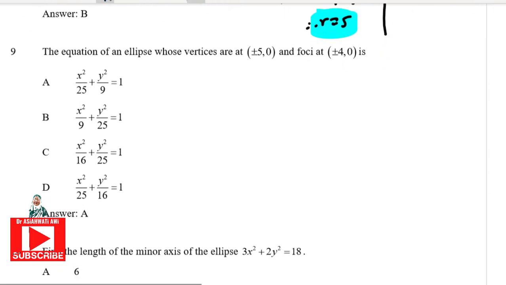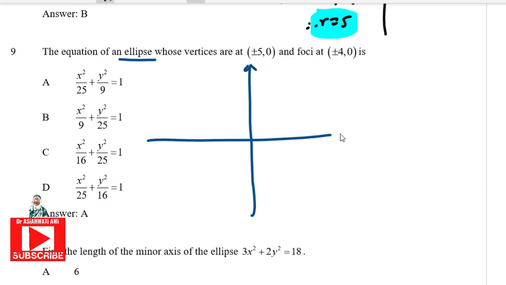Number 9 is the equation of an ellipse, because the vertices are plus or minus 5, 0, that is 5, 0 and negative 5, 0, and the foci are 4, 0 and negative 4, 0. So from here, I try to sketch a simple ellipse.